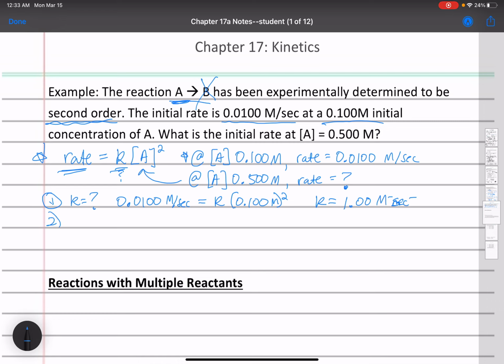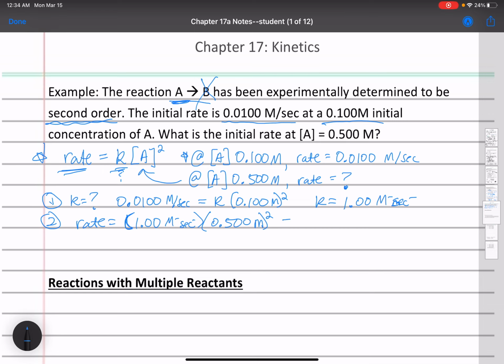Now the second thing we can do is use the rate law and our newly solved K value to figure out what the rate is going to be when the concentration is 0.5. So our K, 1.00 inverse molarity per second, times our new concentration of 0.500 molar squared.